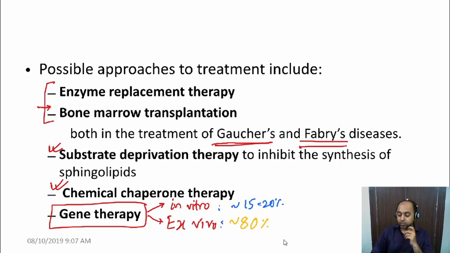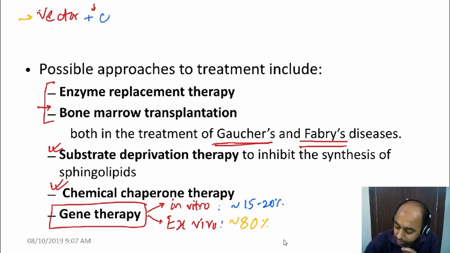So in in vitro gene therapy, what we do is we select a vector, and to this vector we add the corrected gene.